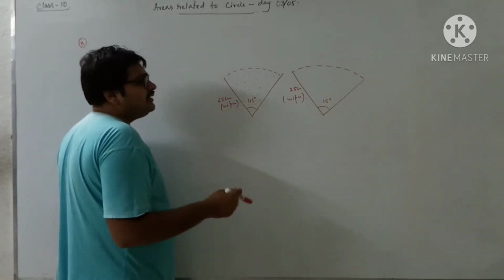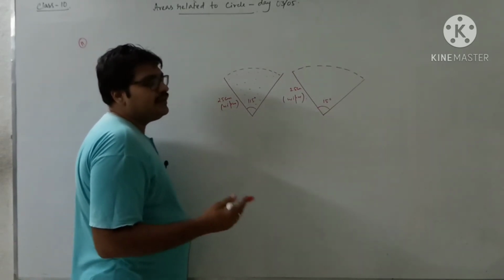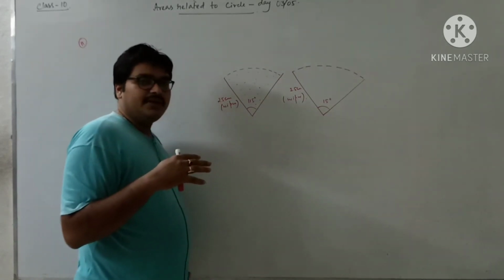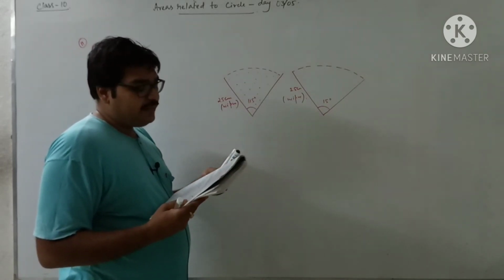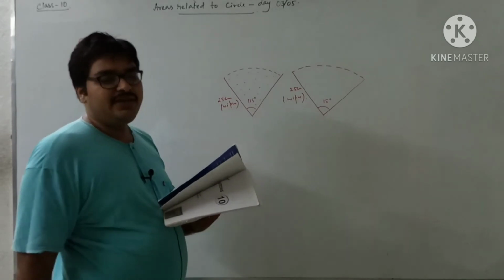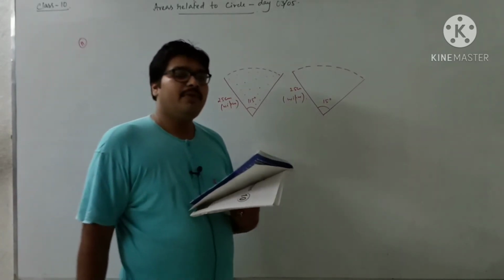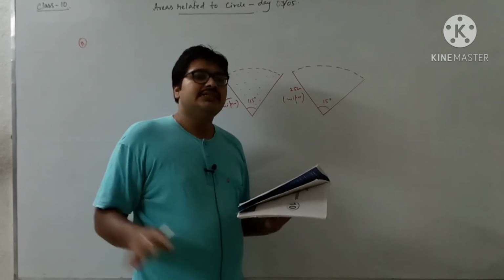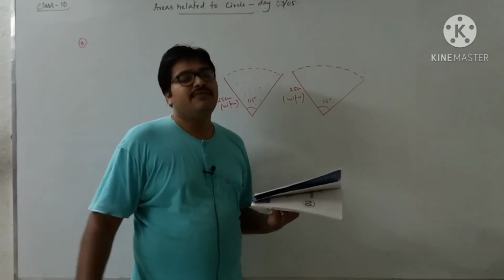After that you write, therefore, the total area covered by the wipers in a single sweep is 2 into that one. Pi is not given any value, so take pi equal to 22/7 and find the answer approximately. Always find the answer correct up to 2 decimal places, but don't keep your answer as a fraction only.